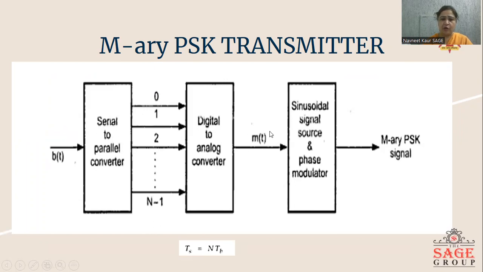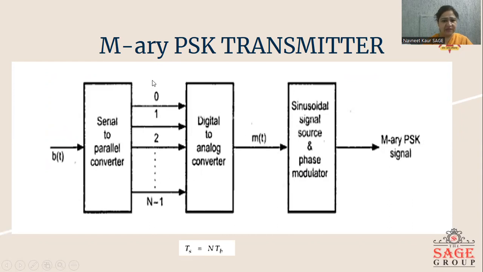Now, this combination of bits is given to a digital to analog converter, which will convert this sequence of bits to some analog voltage. Whenever there is a change in the bit combination, there will be a change in the analog voltage m(t). Now, this is a phase modulator. In this phase modulator, we have two inputs. One is this analog voltage m(t) and another is the sinusoidal carrier of frequency f0. This phase modulator will modulate the phase of the carrier signal according to the incoming message signal m(t).